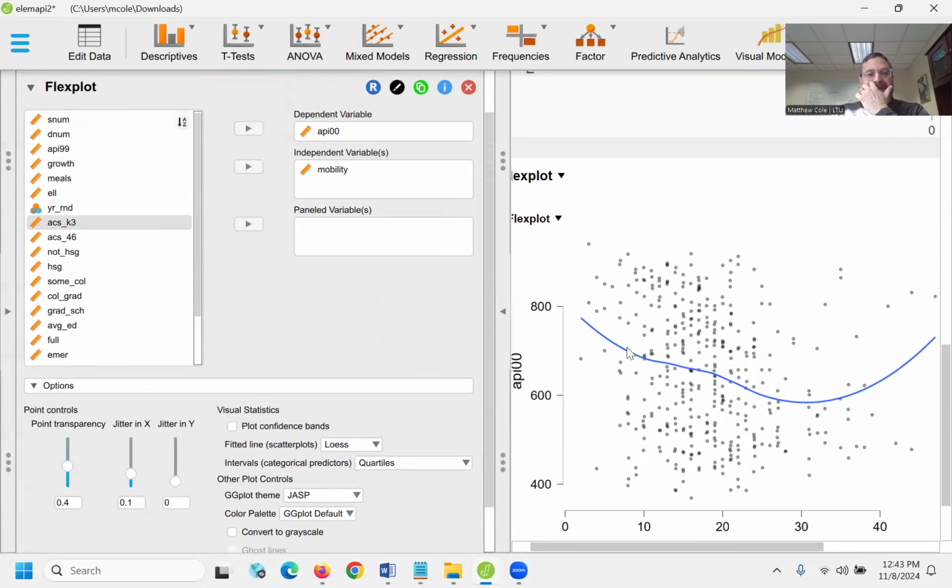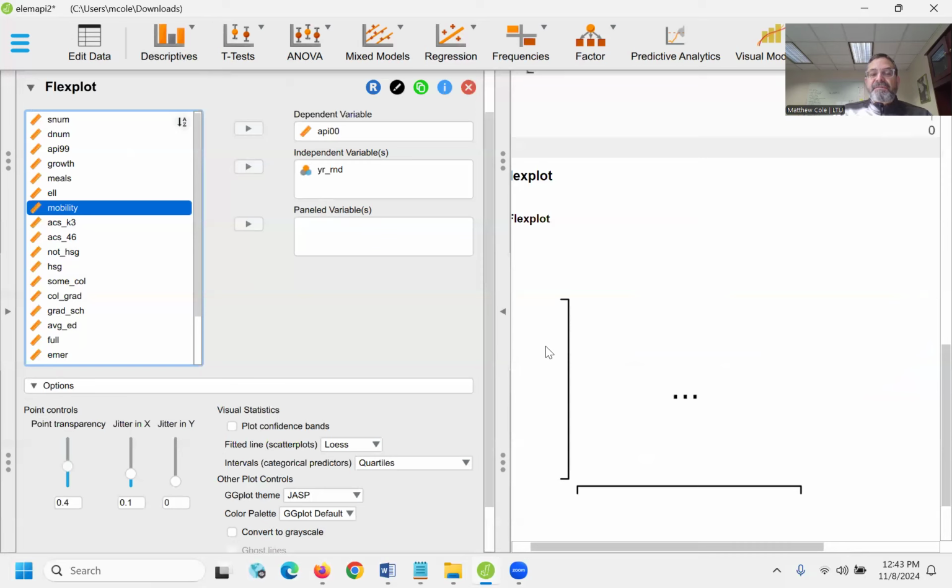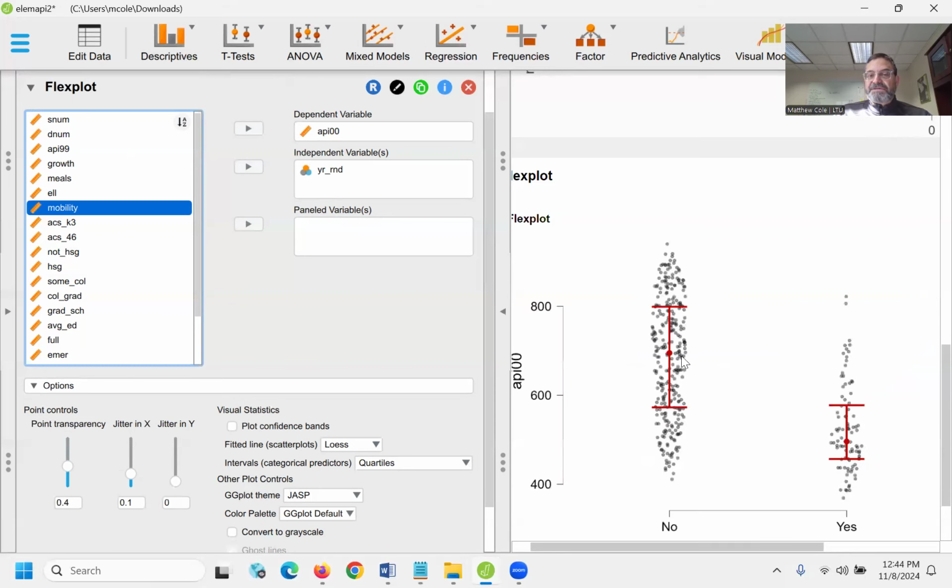Now, how does this relate to year-round? Well, if we got rid of mobility and just did a visualization of year-round, we're going to see the relationship visually between academic performance and year-round, which is this, right?